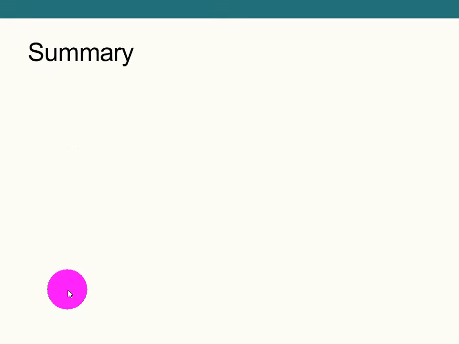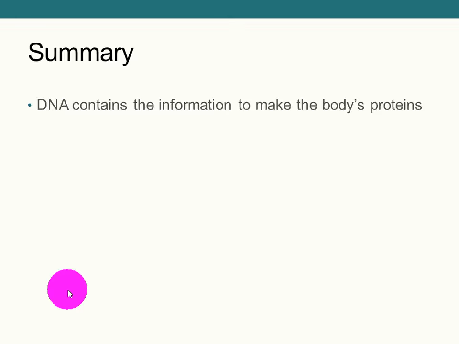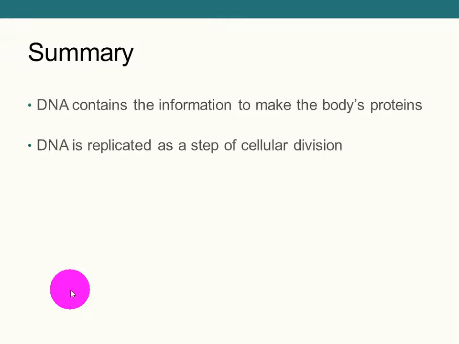To sum everything up, we have our DNA, and our DNA has our genetic code in it through the letters, those nucleotides, and it allows us to have instructions or a blueprint to make all the important proteins and functions and structures in our body. What we do is we have our cellular division. We need DNA replication so that our cells can contain that code from cell to cell, from person to person, from generation to generation on down.